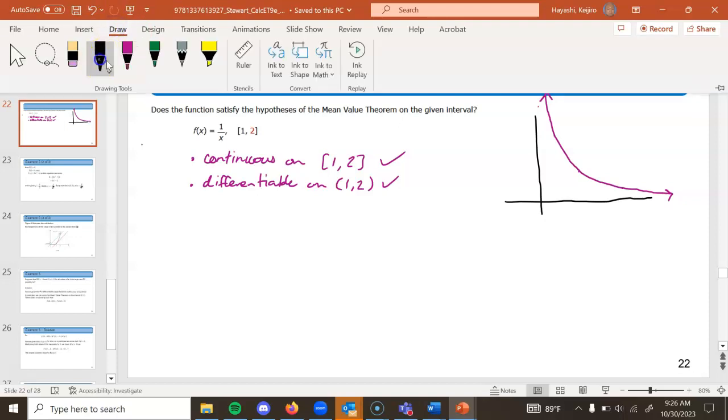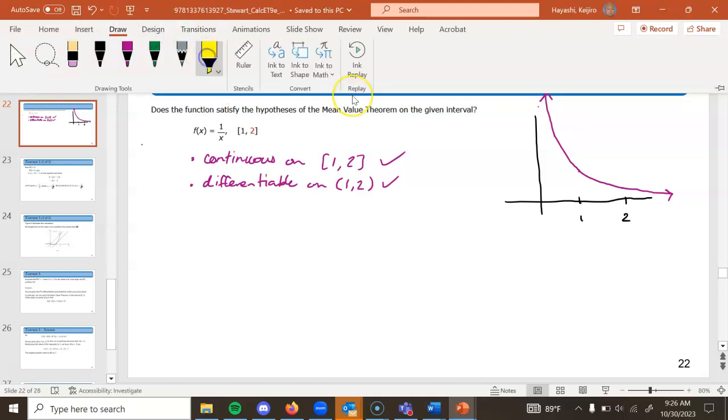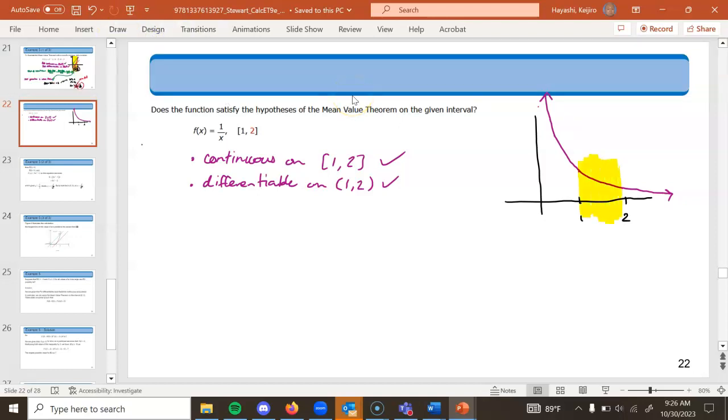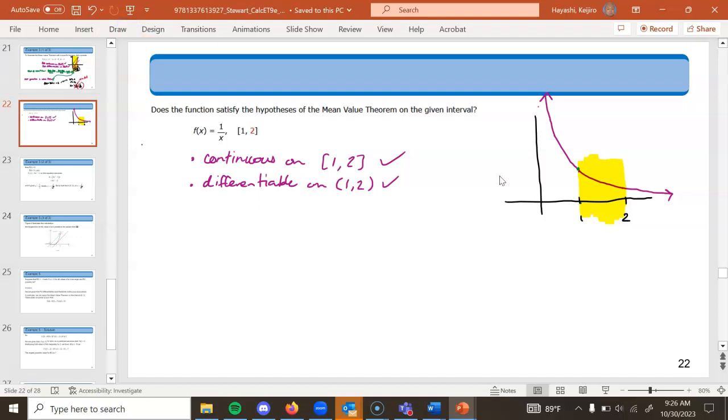And we're concerned about the interval from 1 to 2. We're going to make the secant line from 1 to 2.